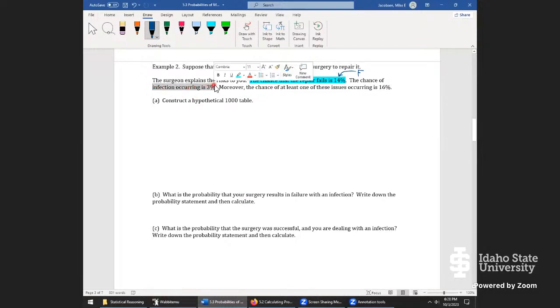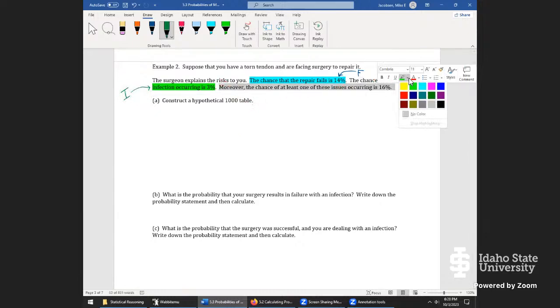Infection occurs at a 3% chance. That doesn't sound great, but sounds realistic probably. We can call that the event I for infection. Then they say the chance of at least one of these issues occurring is 16%. That last one is a really, really tricky statement, so we have to be careful with it.